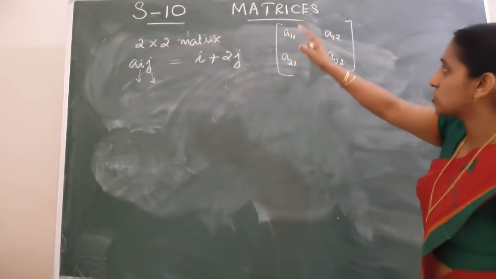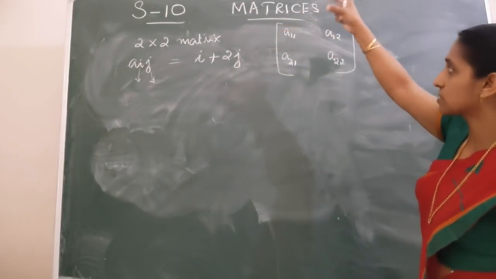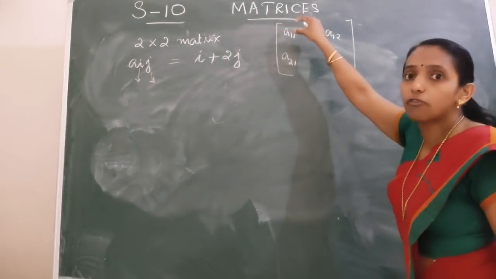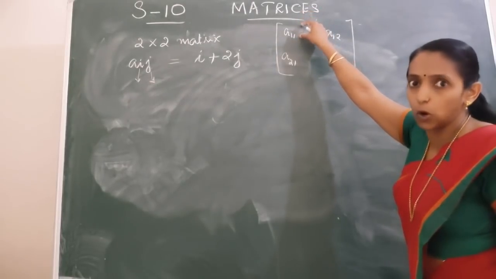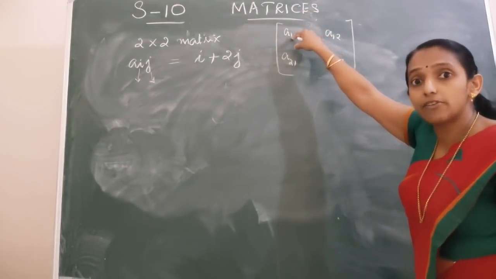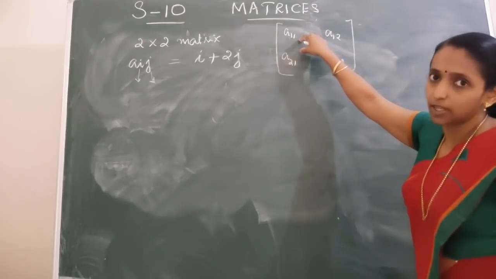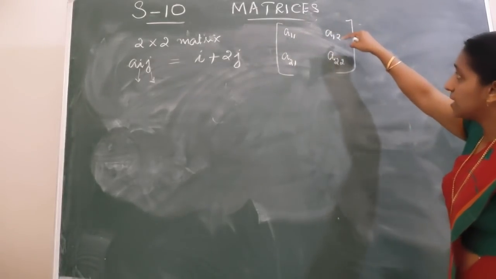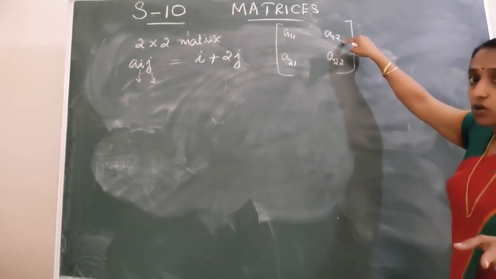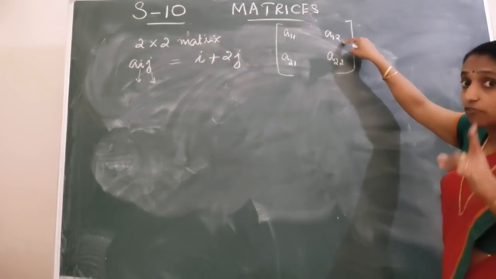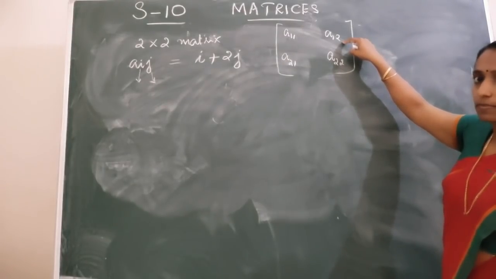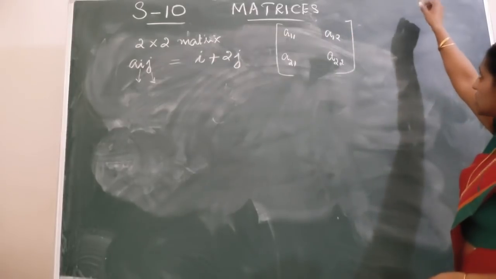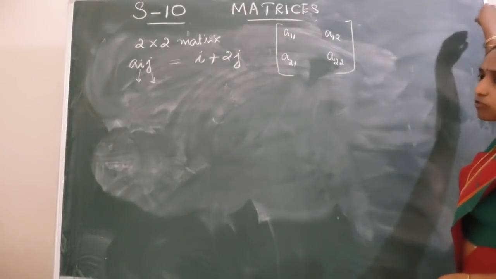In place of ij, if you substitute, this is the place of the first row with the first column, that's why we have given 1, 1. Understood? Similarly, this is the place of the first row with the second column.